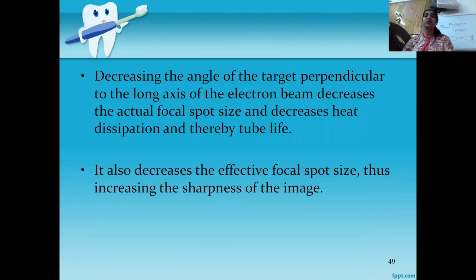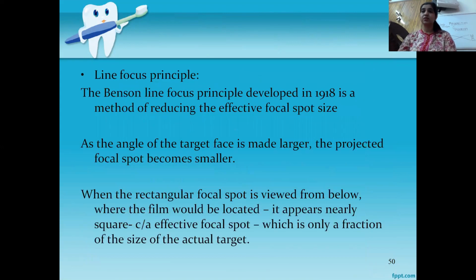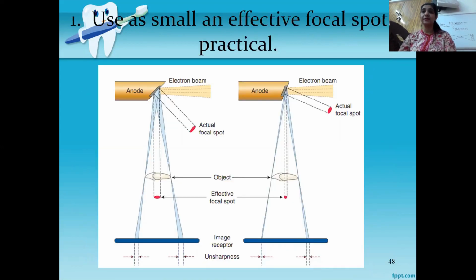Decreasing the angle of the target perpendicular to the long axis of the electron beam decreases the actual focal spot size and decreases the heat dissipation, thereby tube life. Over here we can see this is the angulation. So less angulation increases the effective focal spot.